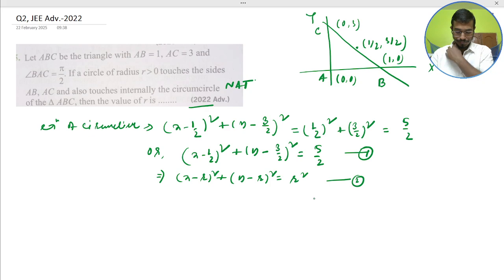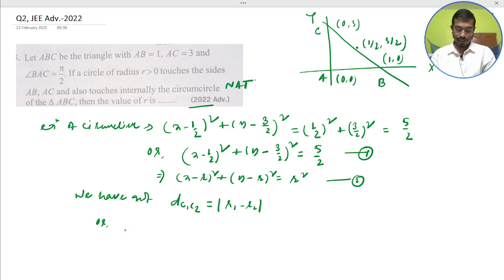Equation number 2. If the circle in equation 2 touches the circumcircle internally, we have by the condition that the distance d of C1 C2 is equal to mod of R1 minus R2.